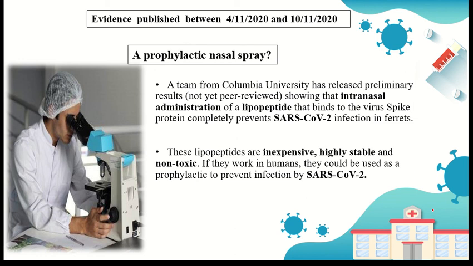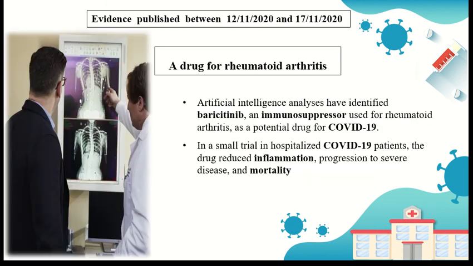A team from Columbia University has released preliminary results, not yet peer reviewed, showing that the intranasal administration of a lipopeptide that binds to the virus spike protein completely prevents SARS-CoV-2 infection in ferrets. These lipopeptides are inexpensive, highly stable, and non-toxic. If they work in humans, they could be used as prophylactic to prevent infection by SARS-CoV-2.